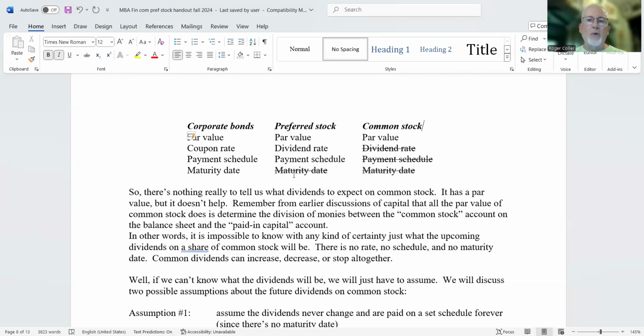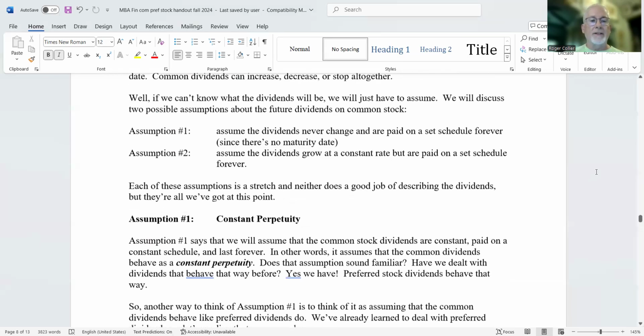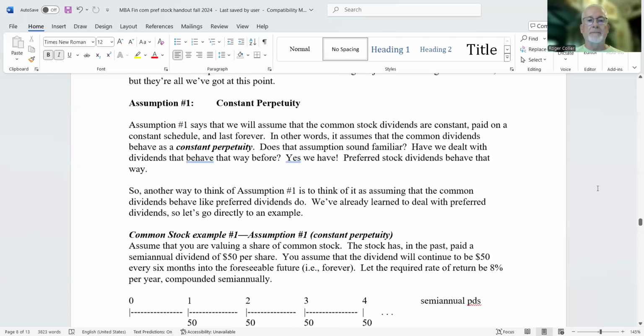And we've dealt with both of those things before. Okay, well, let's see how this works. We should be able to go through it pretty fast because we've already been through constant perpetuities and growing perpetuities. So let's start with assumption 1, constant perpetuity.